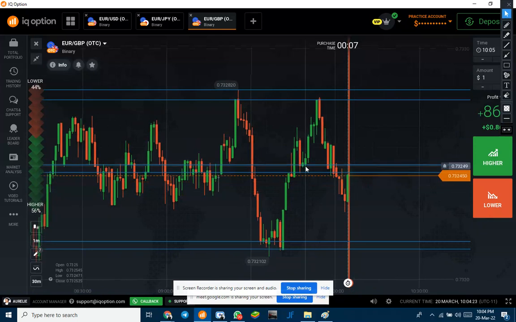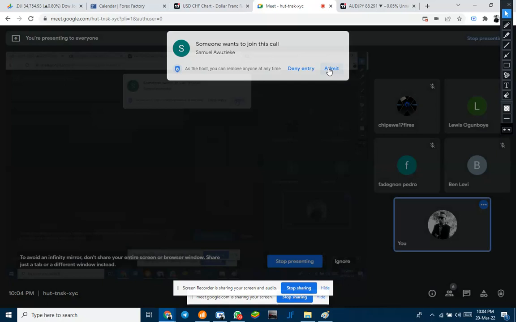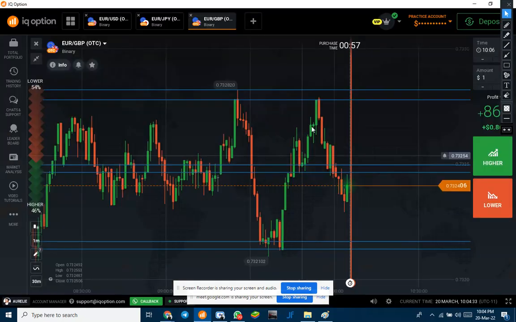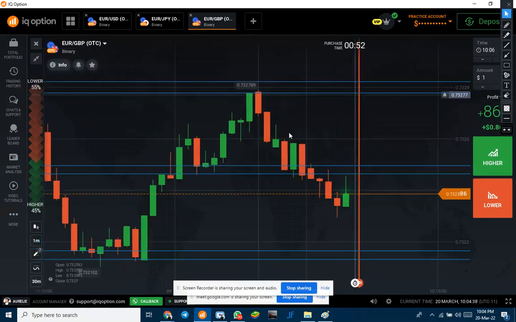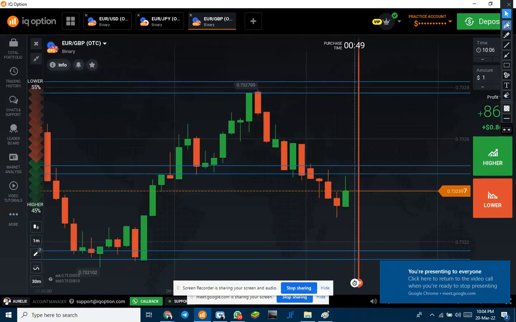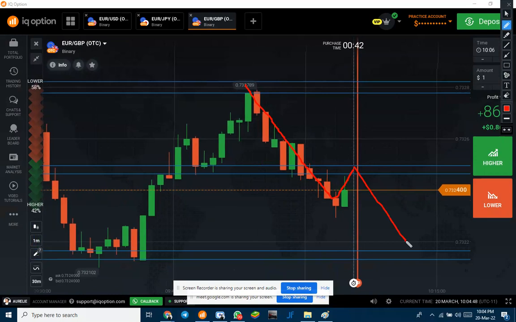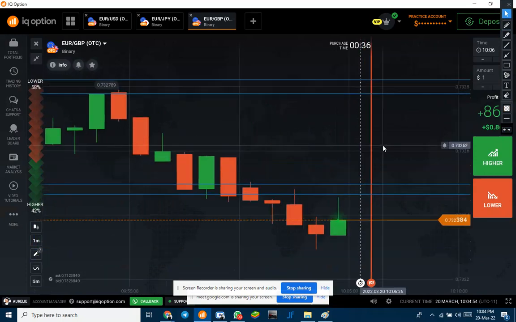If the market doesn't reverse here, that means this is now a minor downtrend. I can expect the market to reverse exactly from this level to the downside. Okay, that is my next prediction. So let's see what will happen.